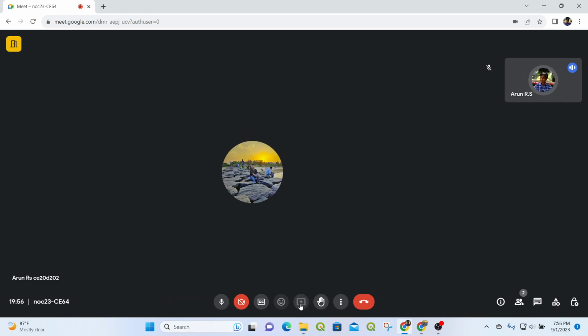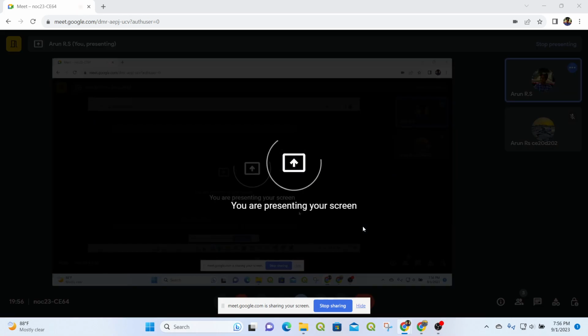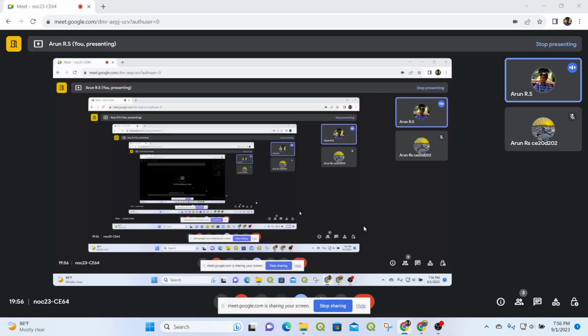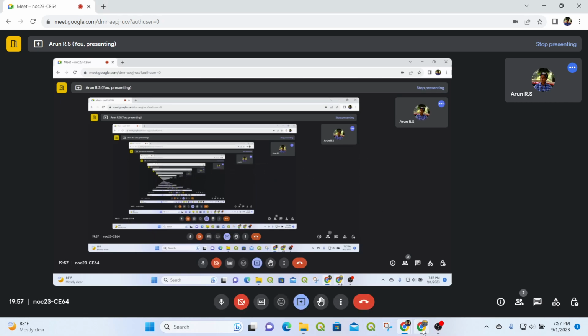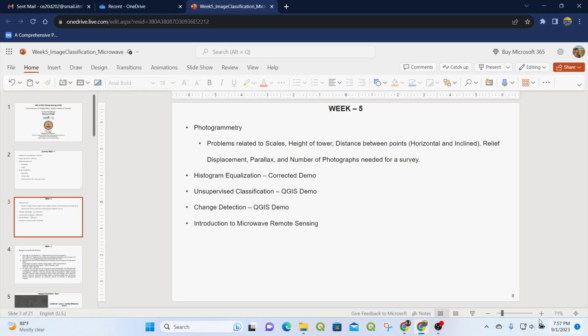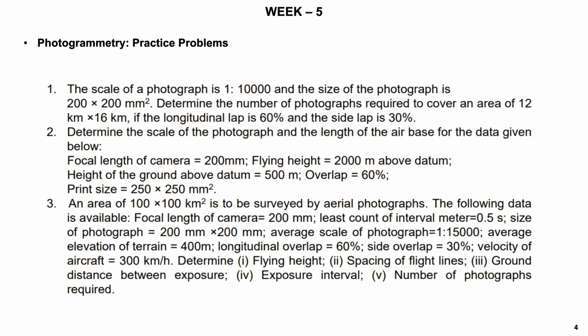Now I will demonstrate to you the histogram equalization. So I am giving some additional problems.